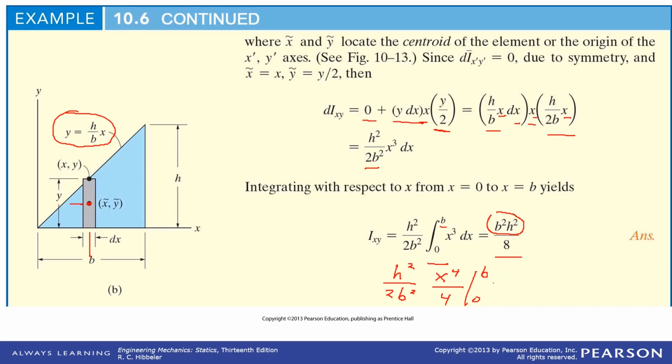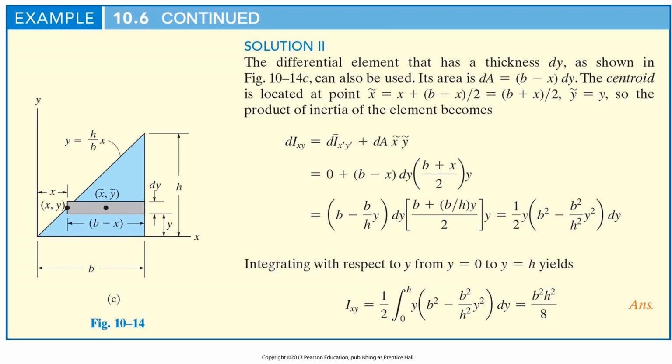So that's the formula. The other way to do it is integrate from y equals 0 to h. Very similar analysis, except you'll notice the formulas are more complicated and harder. So let's do it the easy way.